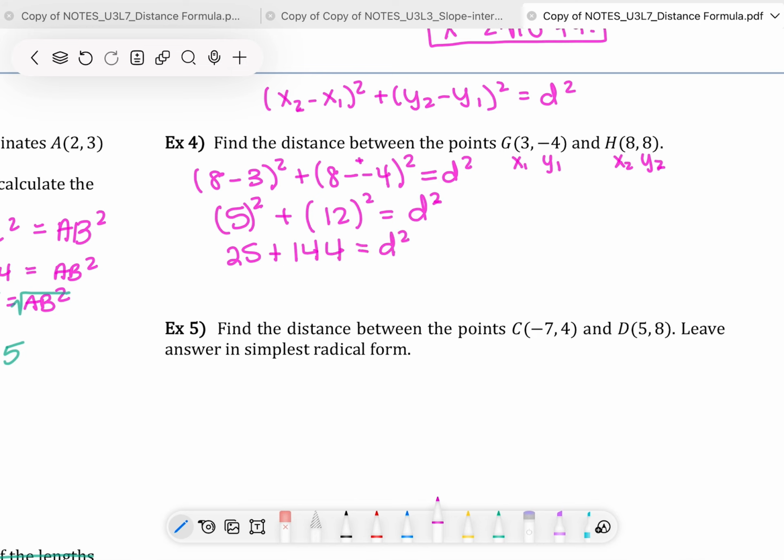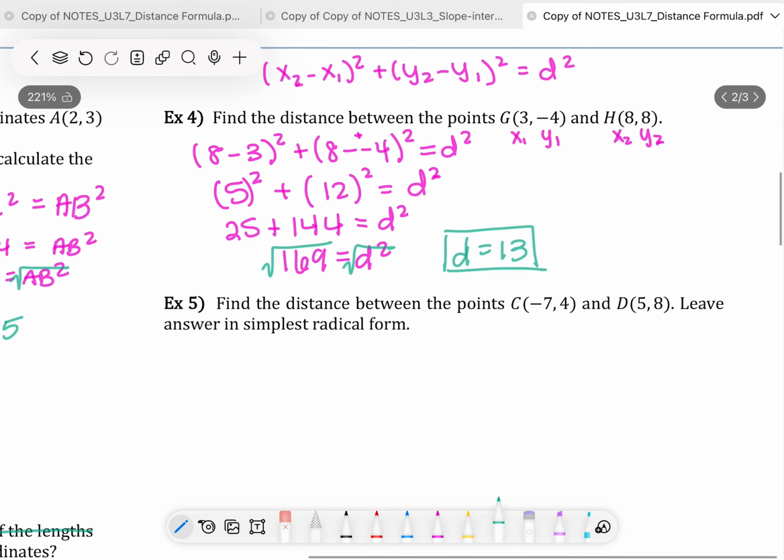Keep simplifying. 25 plus 144 is 169. And once you get one number equals d squared, you're just going to take the square root of both sides like we did earlier. The square root of 169, you can type it in your calculator, double check, but it's 13, because 13 times 13 is 169. So the distance here between the points is 13 units. And we're done with that one.